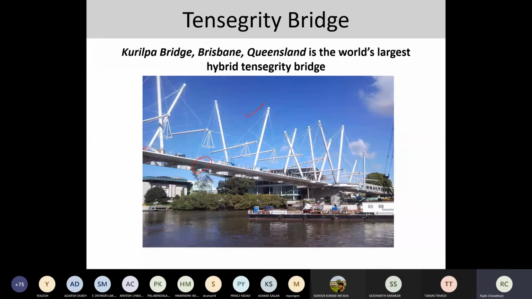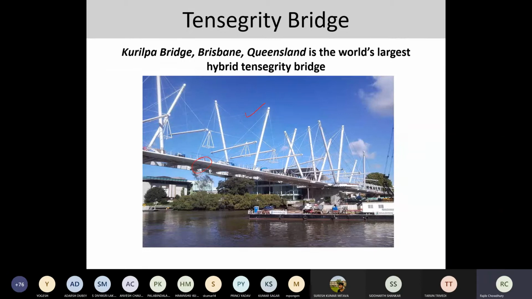So I would appreciate if you guys could develop a certain model whenever you will be coming over here. Can we develop a tensegrity structure as a model kind of thing? So tensegrity structure means all the components in the structure would be subjected to pure tension.